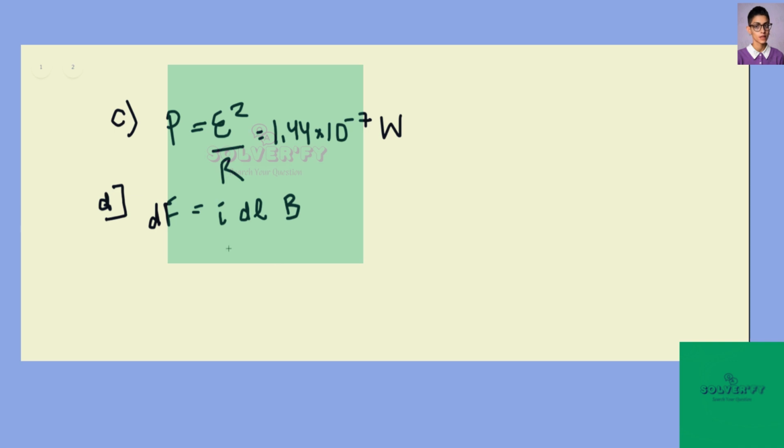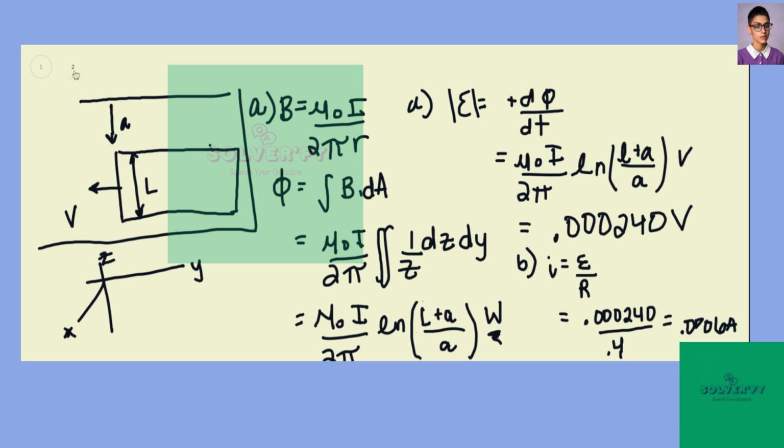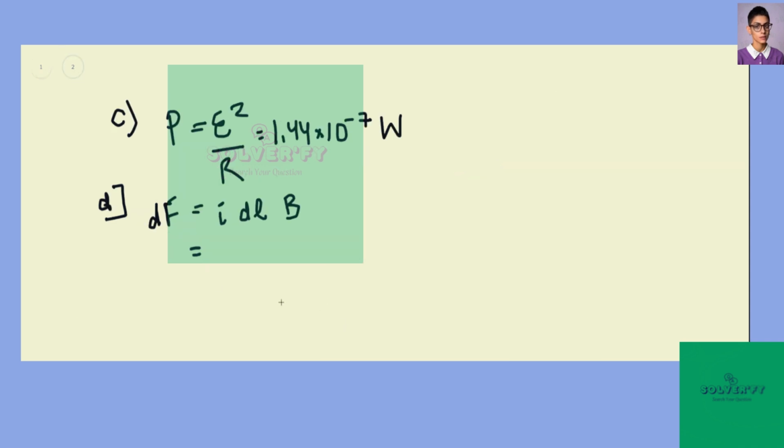B is changing with L. L is along the Z dimension, and so we need to integrate our B along the Z dimension and multiply it by the I, and this is the I induced, because we want to know the force that this induced current experiences.